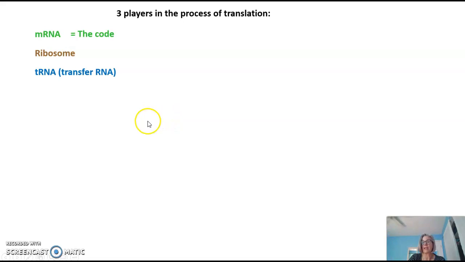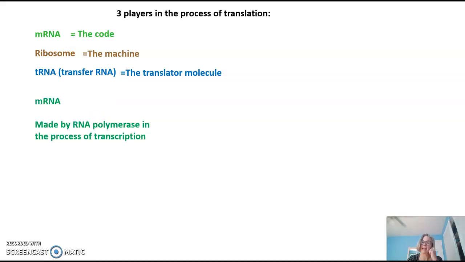The mRNA has the code from the gene in DNA. The ribosome is kind of like the machine that assembles the amino acids into the growing protein. It actually forms the peptide bond between the amino acids. The tRNA is the translator molecule that speaks both nucleotide and amino acid.